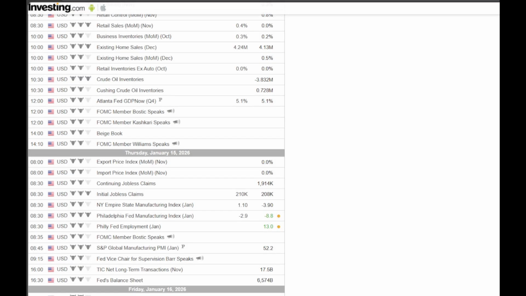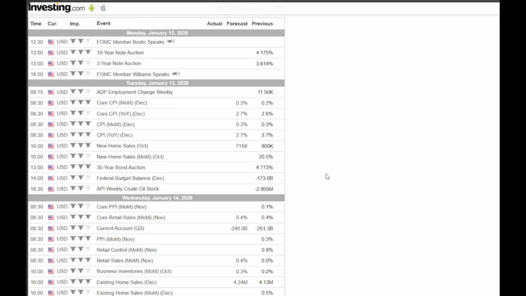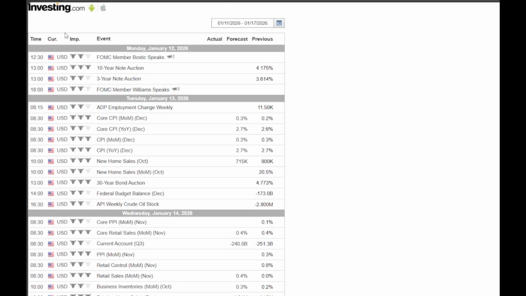The first thing to really set up our day is to look at the data, and for this I use investing.com. I check the tier 2 or tier 3 expected volatility events because that's generally going to cover anything that's very crucial. Now, I check these time slots and see if this is something that's going to happen during the actual intraday.